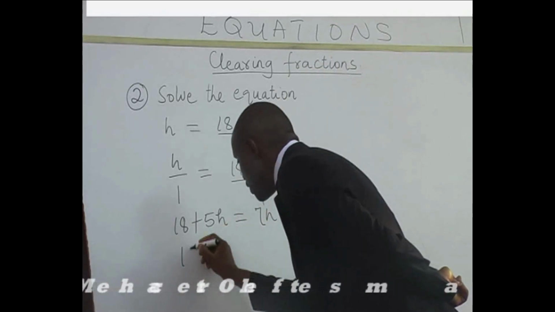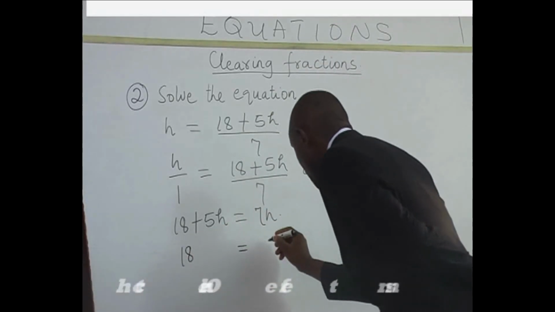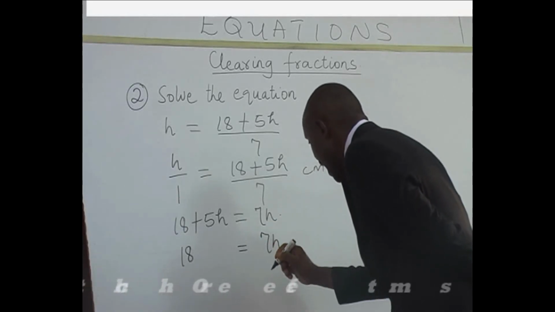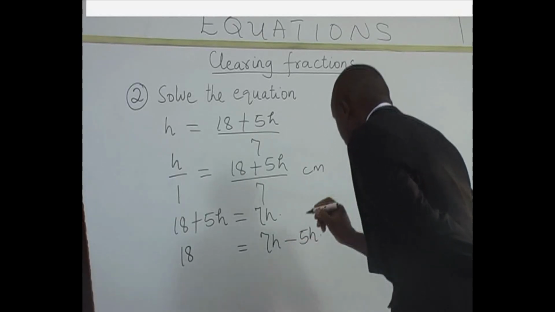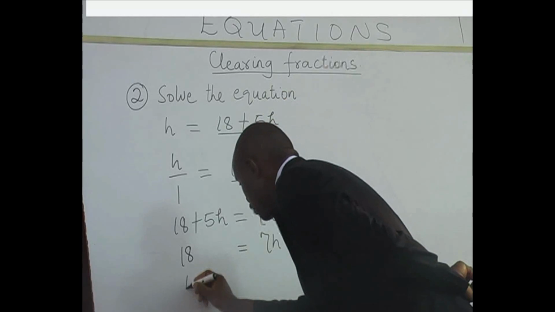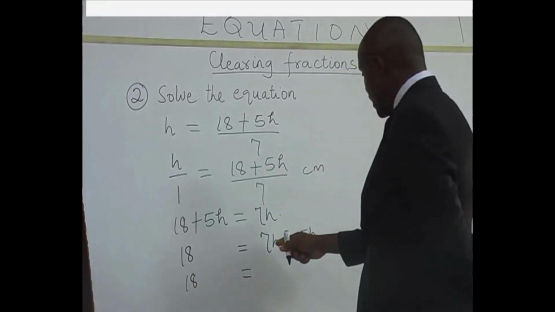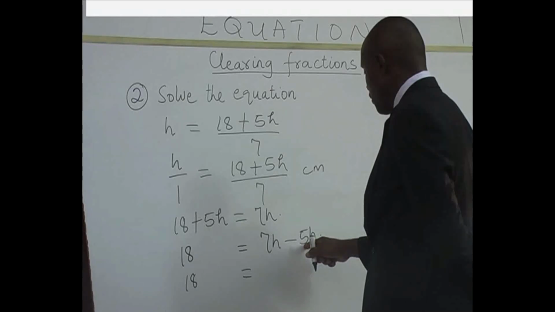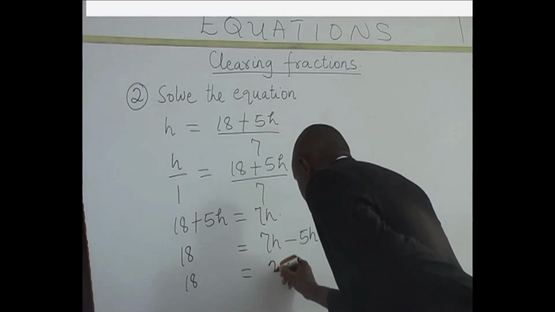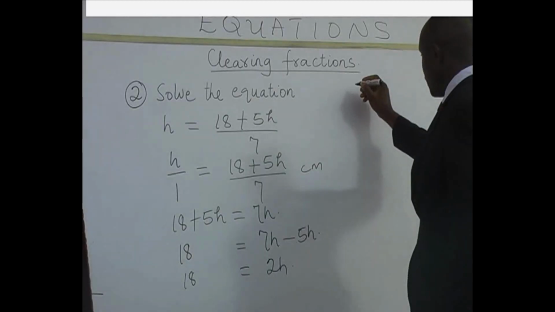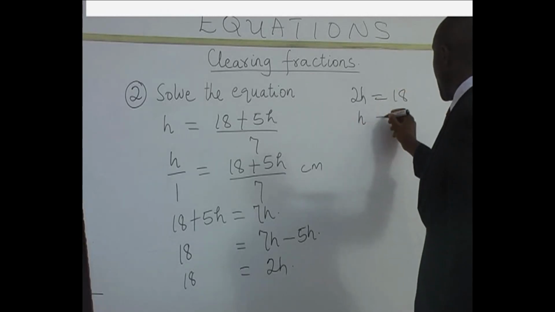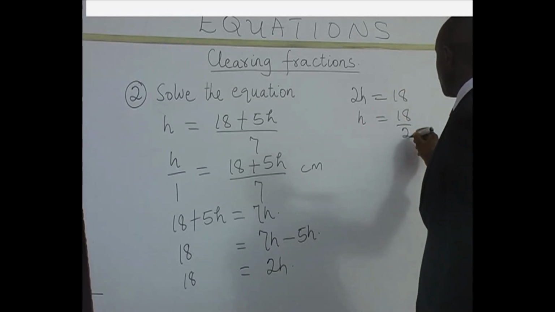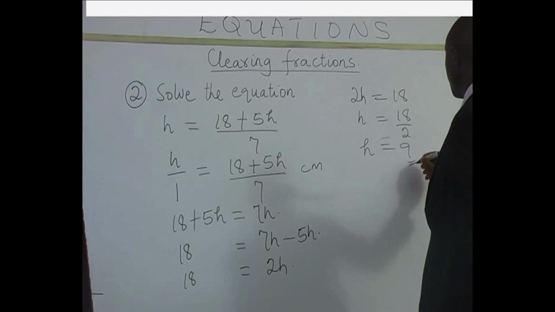If you do that, you'll be left with only 18 in the left hand side, and it's going to be equal to 7h, which you already have in the right hand side of the equation, and you have minus 5h. 18 is going to be equal to 7h minus 5h will give you 2h. 2h is equal to 18. That means only h will be 18 divided by 2. 18 divided by 2 is 9. That means the value of h becomes 9.